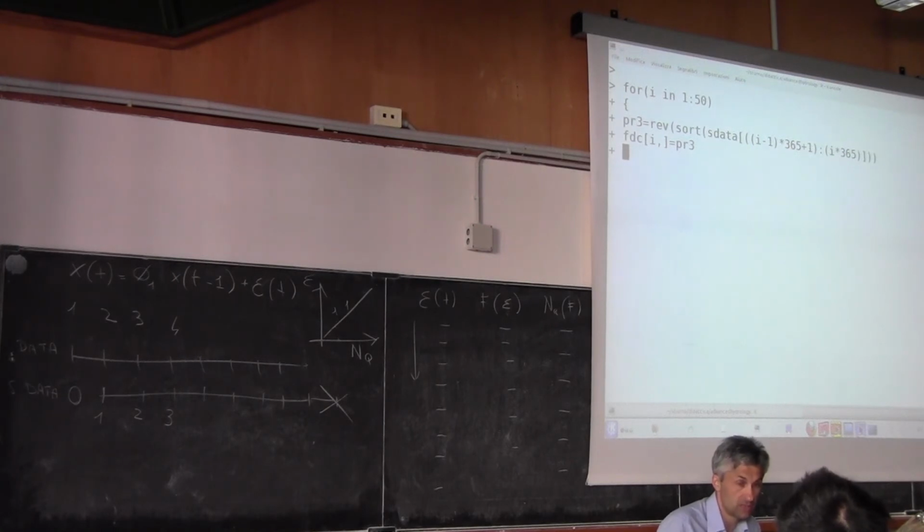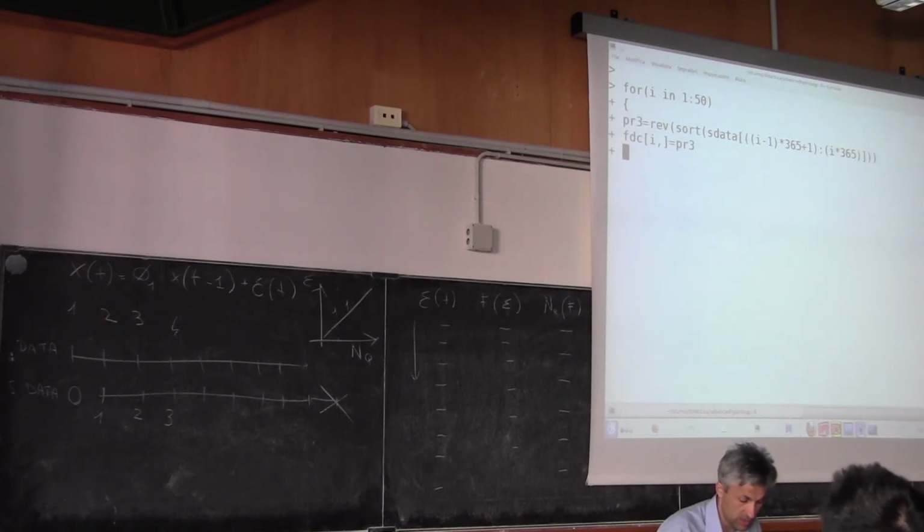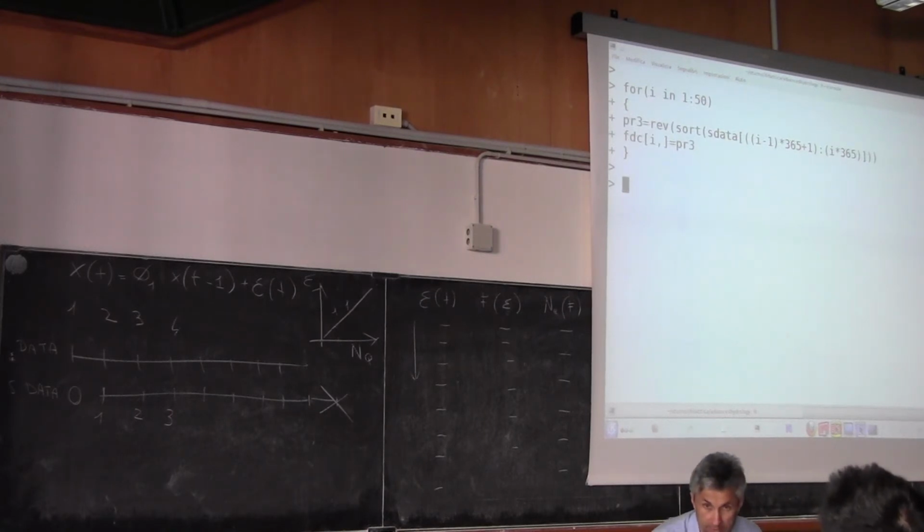The second index is varying from 1 to 365, and then you plug in the vector PR3, which is 365 long. At this stage we can close the for cycle, and we have already computed our flow duration curves for each year. Now we can draw a graph.